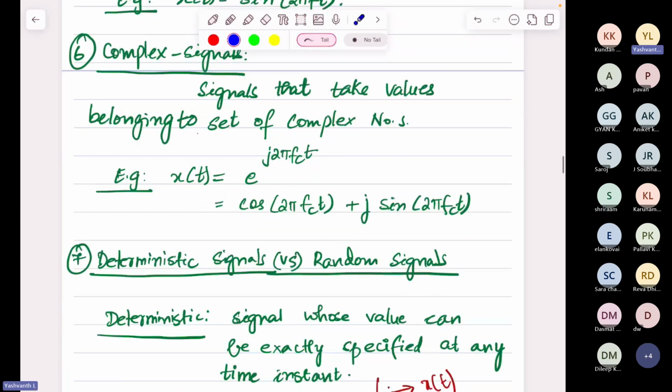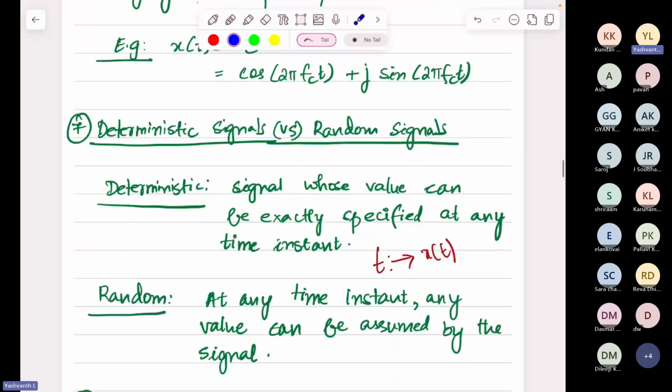That is the next classification, deterministic signal versus random signals. So what is a deterministic signal? A signal whose value can be exactly specified at any time instant. Okay, example, if I give a particular value of t, then the output x of t should be fixed, and should be fixed for any other spatial dimension, right?